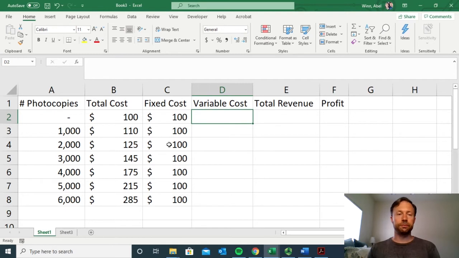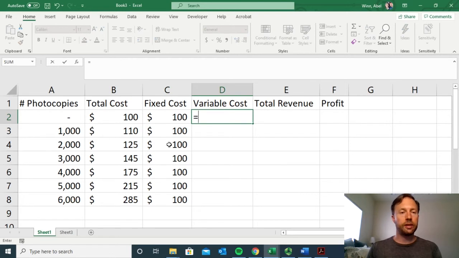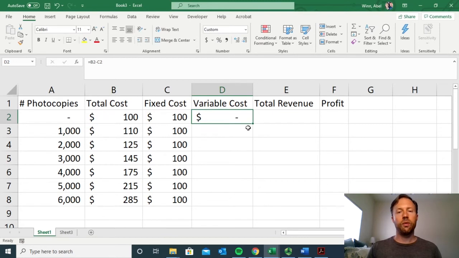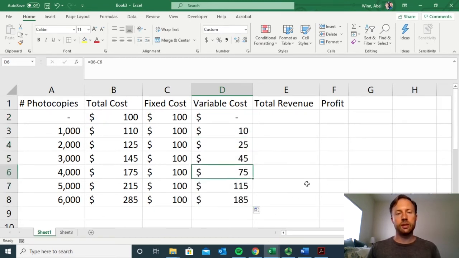Variable cost. Well, if we know that total cost is the sum of fixed and variable cost, that means that if you take the total cost and subtract out the fixed cost, whatever's left must be the variable cost. So I'm going to say variable cost is equal to total cost minus fixed. That's 0 for producing nothing, and then variable cost increases like so for each additional batch of 1,000 photocopies that she makes.